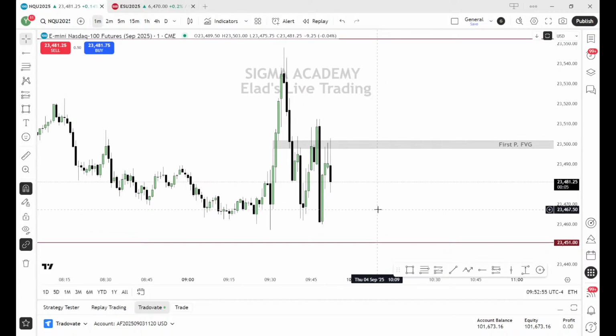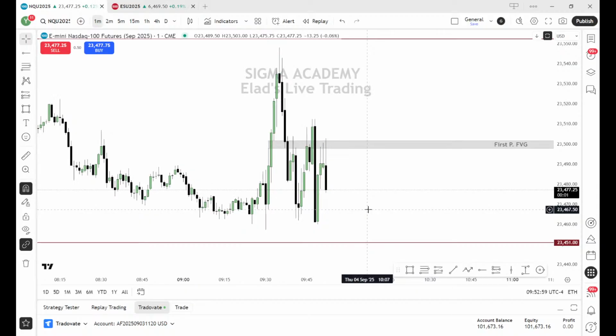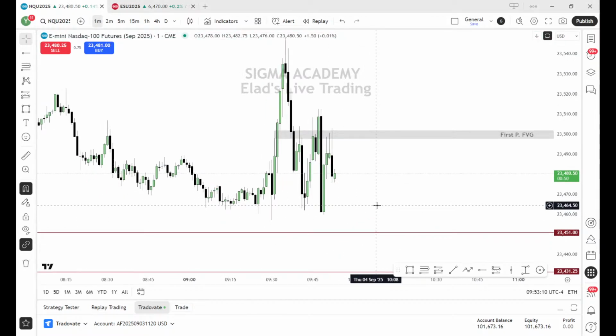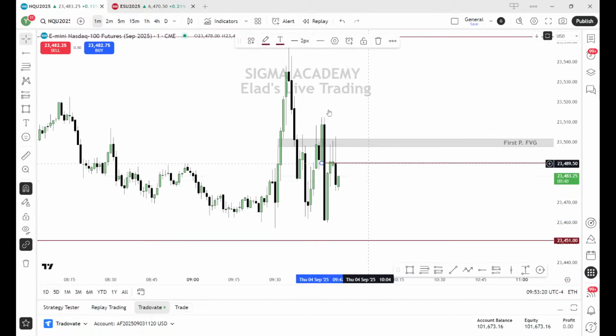Only by this idea, after liquidity has been swept, you can trade. Let's see how it respects it.